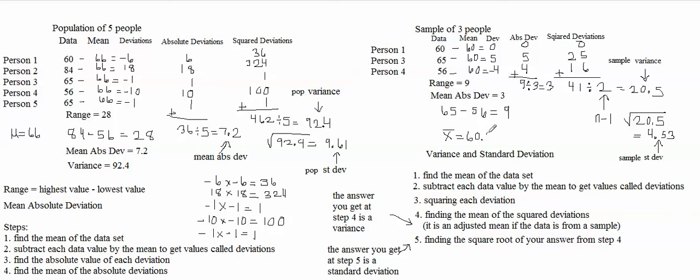And this was a population standard deviation. So we could say sigma equals 9.61. This standard deviation over here was a sample standard deviation, so we could use the letter s. We could say s equals 4.53.